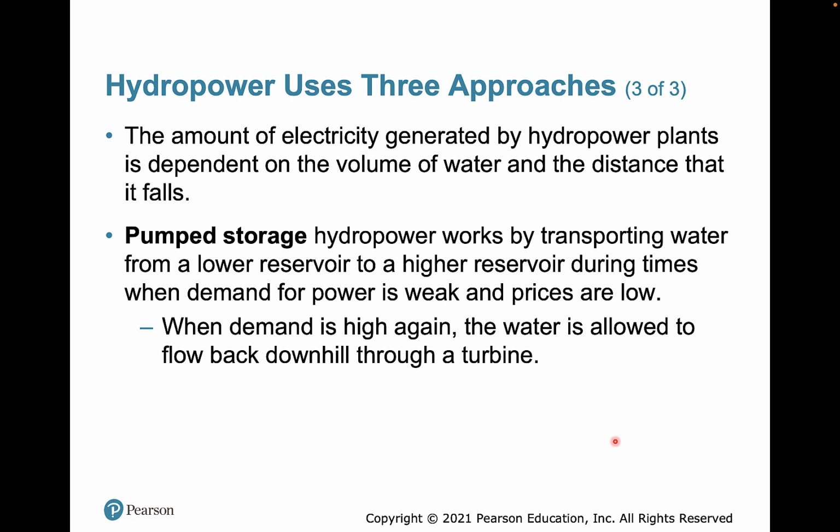The third kind that we're not going to really talk about too much is this idea of pumped storage. So you move water from a lower reservoir to a higher reservoir when there isn't a whole lot of demand for power, and then when power demand goes up, you open it and let it flow back down the hill. But I really don't know if there are any dams currently in use that use that.